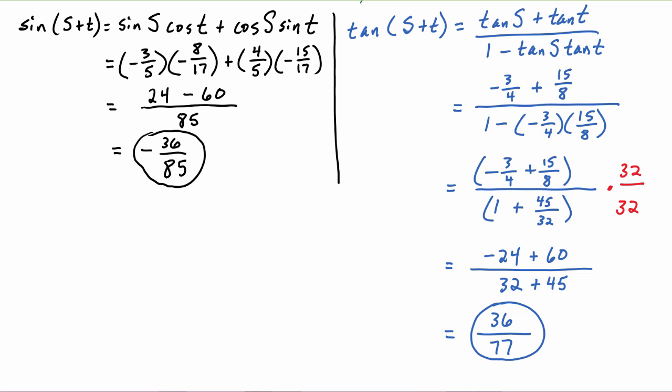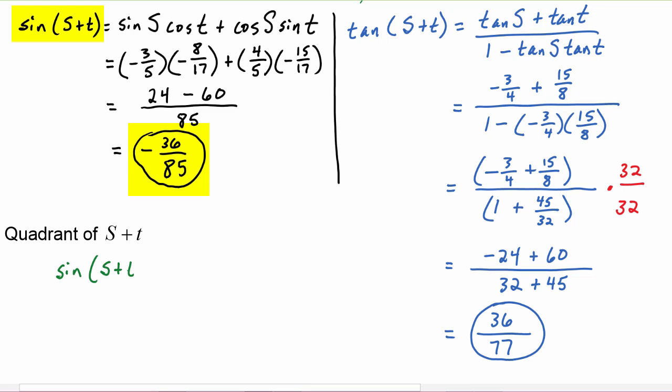The last thing that we were asked to find is the quadrant that s plus t lives in. And we can use the trig values that we've found to help us. We know that the sine of s plus t is negative 36 over 85. So that means the sine of s plus t is a negative number.